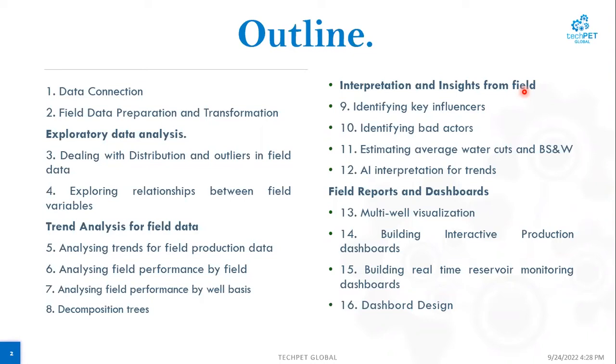Identifying bad actors. Bad actors are wells that are actually affecting the production. You suddenly brought online some wells and you notice that these wells are affecting the production instead of increasing it.